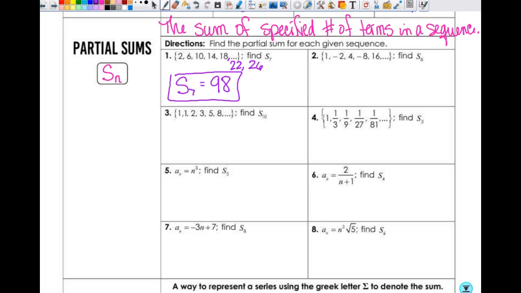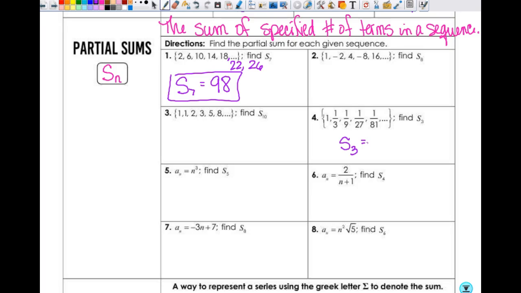All right. So then number 4, I want S, the sum of the first 3 terms. So I don't have to find any extra ones. So you can do that one without a calculator, Eddie. Come on. You can do it. I'm challenging you here. 2. Wait, isn't it 2? It's 3, the first 3 terms.